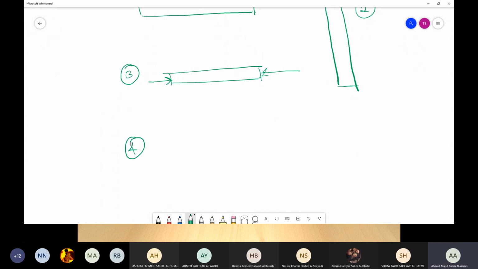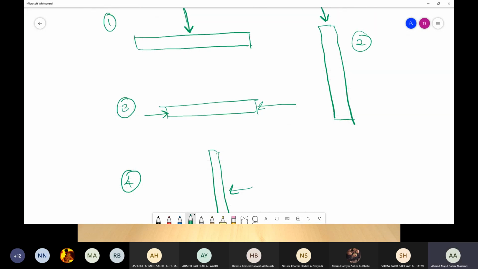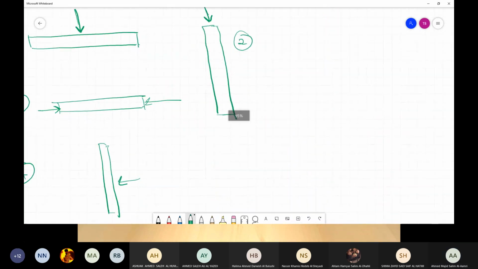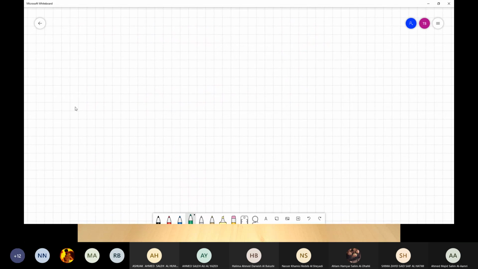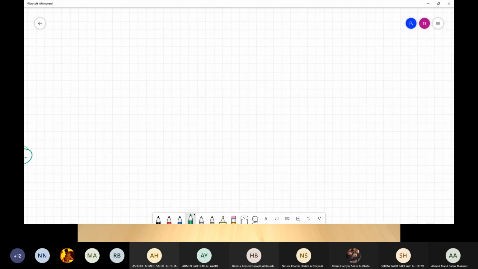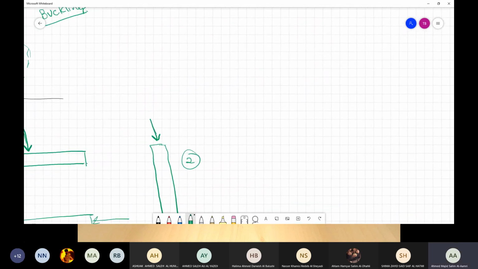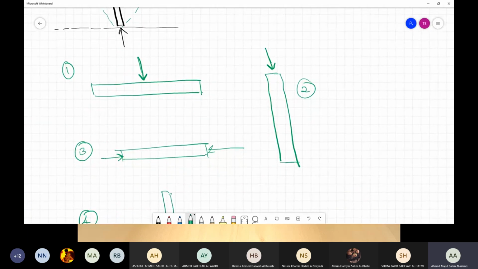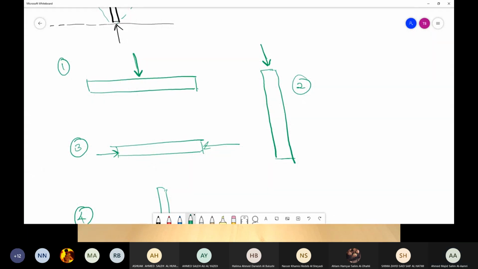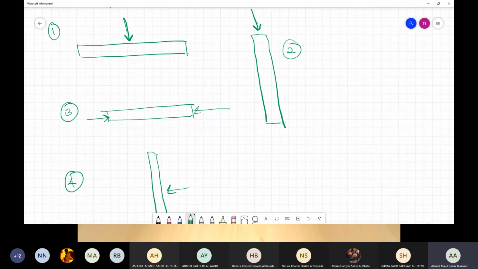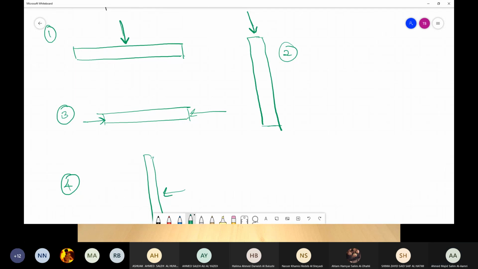Scenario number 4. Number 1, is it buckling or bending? Number 2, buckling.